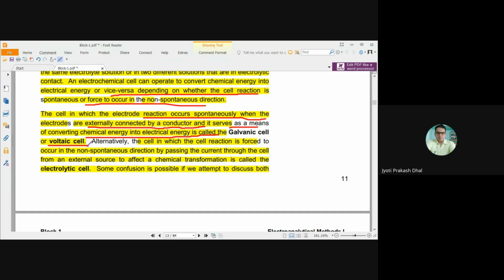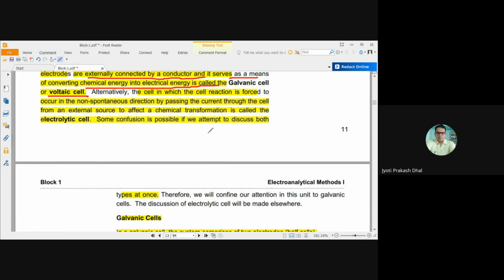That means a galvanic cell or voltaic cell is the type of cell that converts chemical energy into electrical energy due to spontaneous chemical reactions. That type of electrochemical cell is called a galvanic cell or voltaic cell.